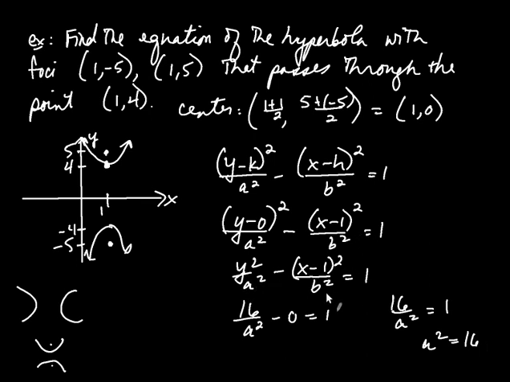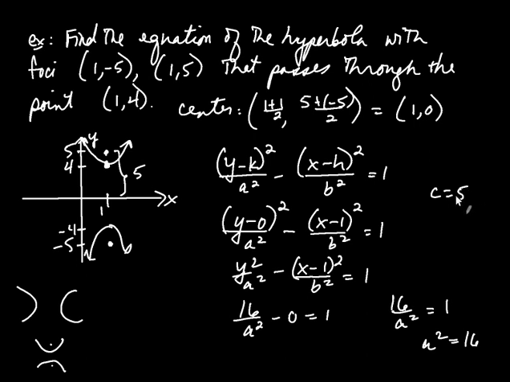Now the question is, what about my b squared? Remember the foci: c is the distance from the center to one of the foci. In this case, you can just tell it's 5, because the center is 0. Another way to do it is to figure out the length between the two: 5 take away negative 5 is 10, and take half of that, and you've got 5. So my c is equal to 5.